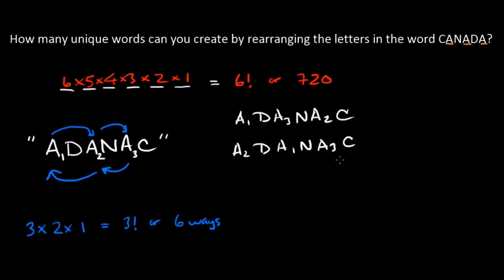And hopefully you're also noticing that all I need to focus on here are the 3 A's, because I'm just mindlessly writing down D and C in every single word. So there's our 3rd one, and if I just swap A1 and A3 in those 2 positions, we now have our 4th, and we'll finish it off with 2 more. If I start with A subscript 3, I'm going to have to go A1 and A2.